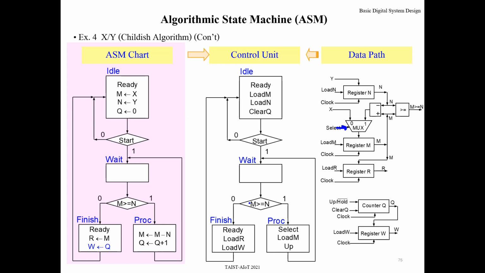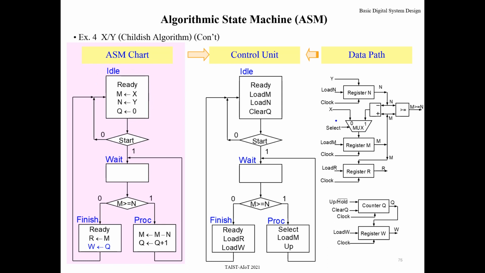Okay, at this state, as state process, you want to load data from subtractor, and because subtractor connect to address 1 of multiplexer, so select should be 1 for this step. Okay. But at this state, okay, write nothing.